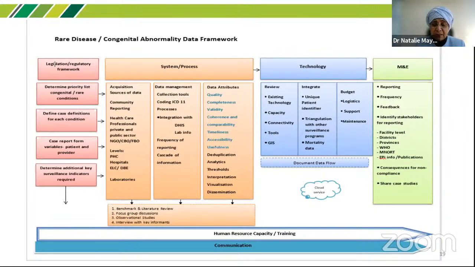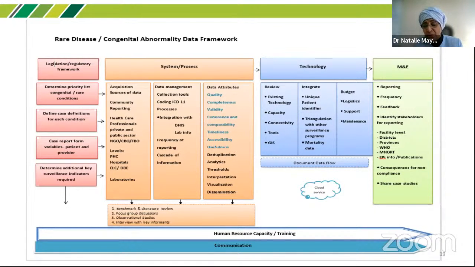So if a child with a rare disease is more prone to develop other diseases, communicable diseases, non-communicable diseases, how do we triangulate that to match and include mortality data? How many of the newborns with rare diseases are dying, and how do we triangulate that with mortality data? So not only with morbidity data.